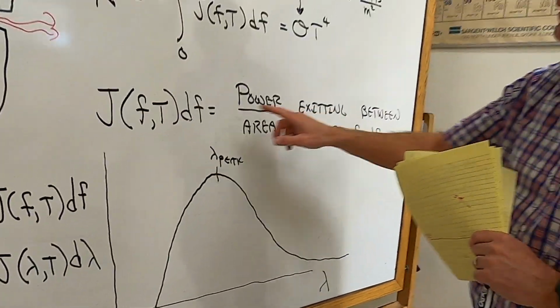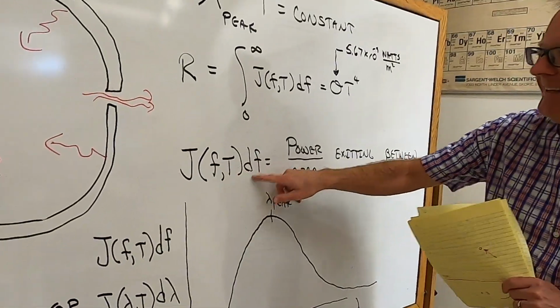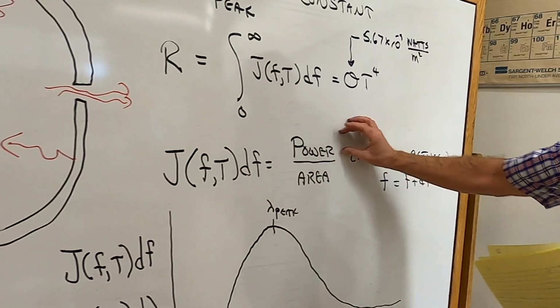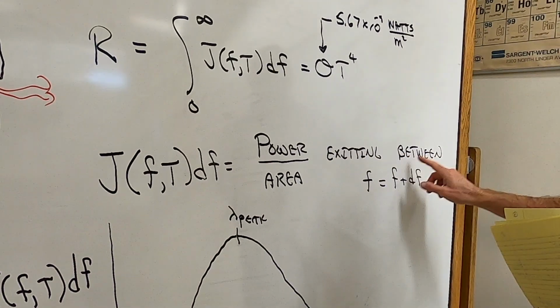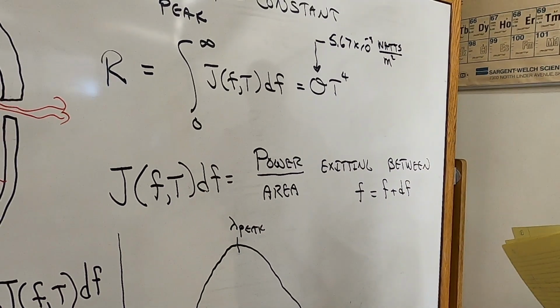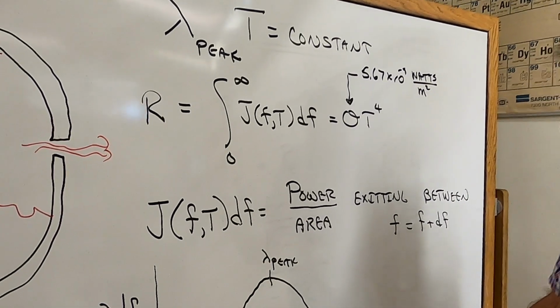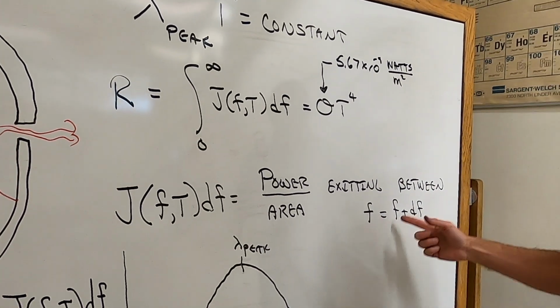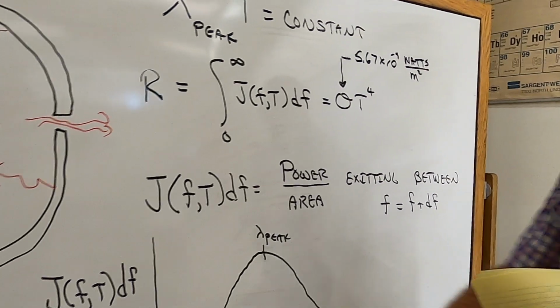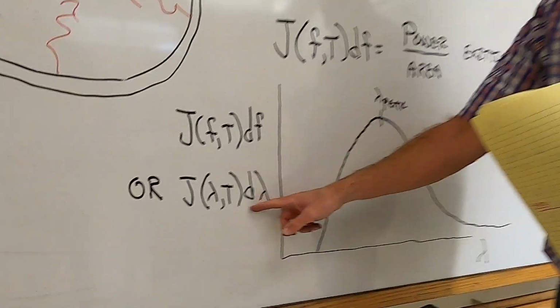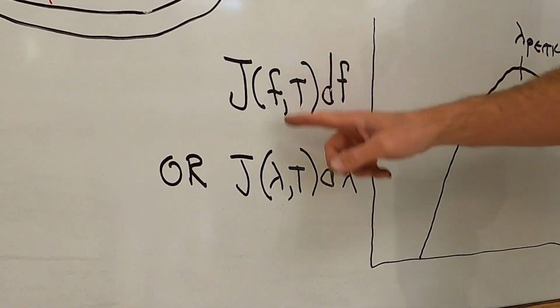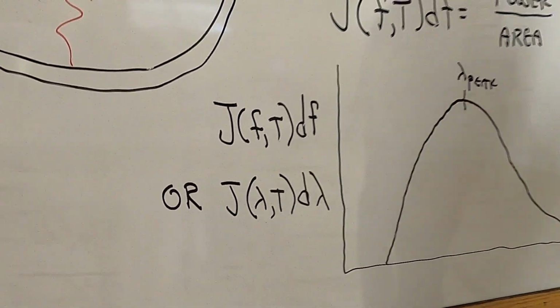And so this J of F, T dF, the whole thing, is the power per unit area emitted between F and F plus dF, or in terms of wavelength, between wavelength and wavelength plus d wavelength. We could write it either way because we knew there was a relationship between frequency and wavelength.